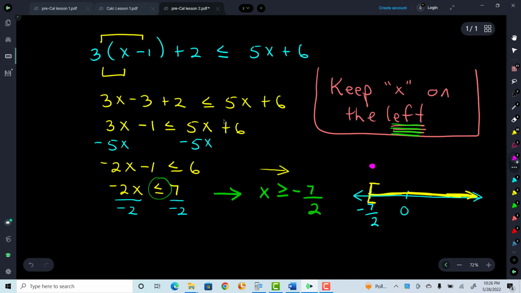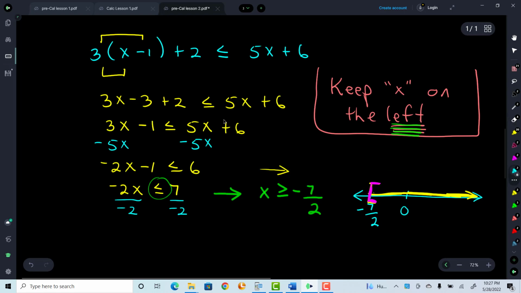Of a closed circle pointing that way, but we're using the bracket. So the closed circle is a bracket, right? An open circle would be just like a parenthesis like that. So parenthesis means open circle, bracket means closed circle.